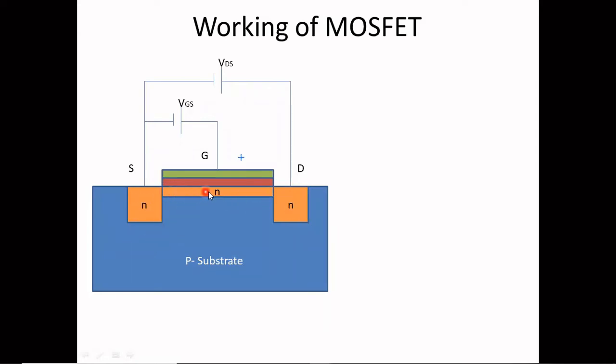Electrons will make a transition from source to drain. Since electrons are provided by the source, meaning whatever electrons are present in the source are moving towards the drain, this is called the source terminal.